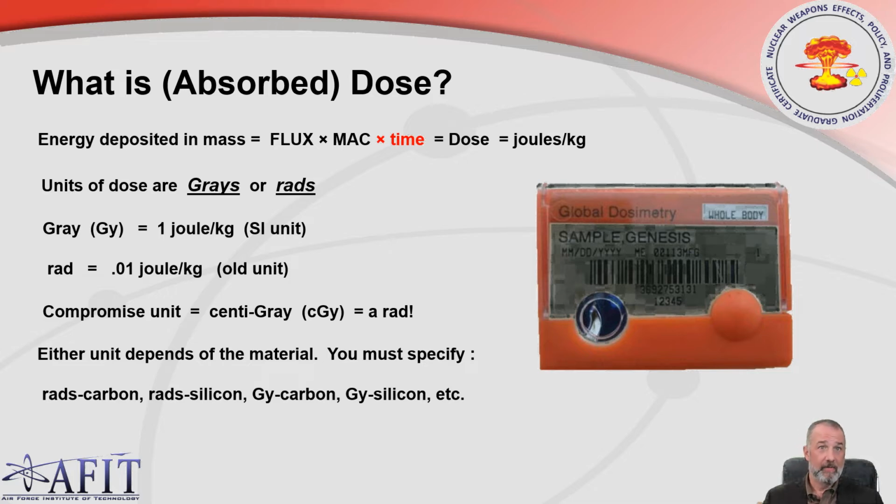So your unit of dose would be rads silicon. Similarly, if you had something that was mostly comprised of carbon, you would say rads carbon, or gray carbon and gray silicon. So when you're talking about absorbed dose, you need to be specific about what absorbed the dose. Was it tissue? Was it some other solid state material? Was it a shielding material? Something along those lines?